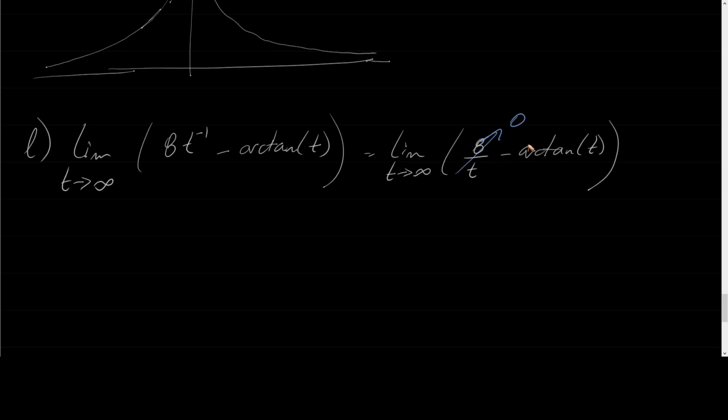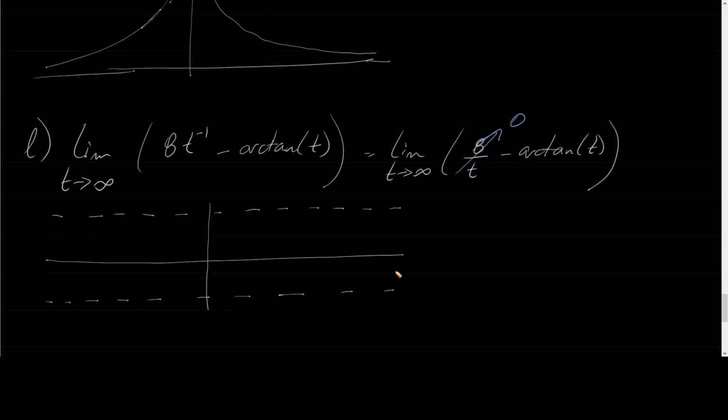What is arctan doing? Well, let's see what that function looks like for a second. The arctan function has two horizontal asymptotes, and it looks as follows. Right? That's arctan of x, or of t in this case. This horizontal asymptote on top is where y is equal to pi over 2, and this one is where y is equal to negative pi over 2.